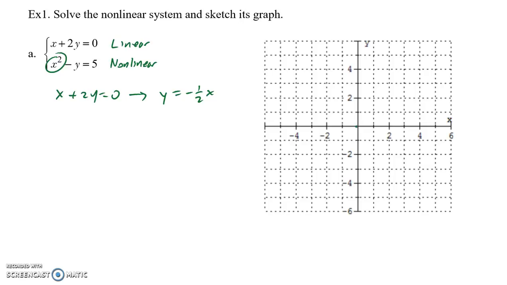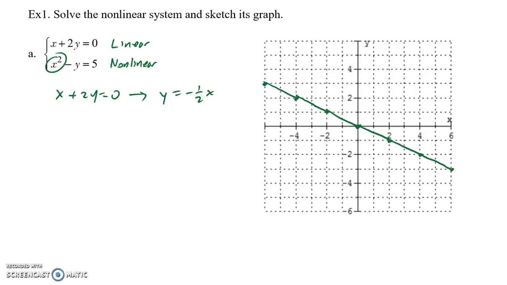So the line would pass through the origin, and then if we apply rise over run, from that point, if we go 2 units to the right and down 1, we get an additional point, and we can repeat that as many times as we wish to find additional points on the line. I can go in both directions here. So the line passes through this collection of points. So I've sketched a line through the collection of points I plotted, and now I have an idea of what the graph of the linear equation looks like.